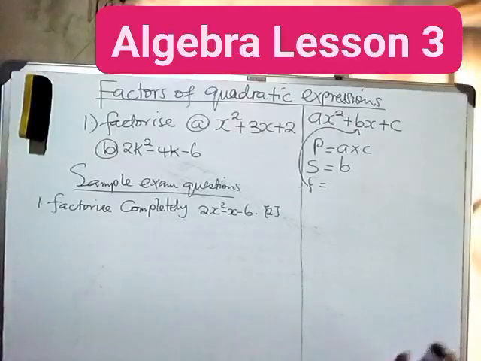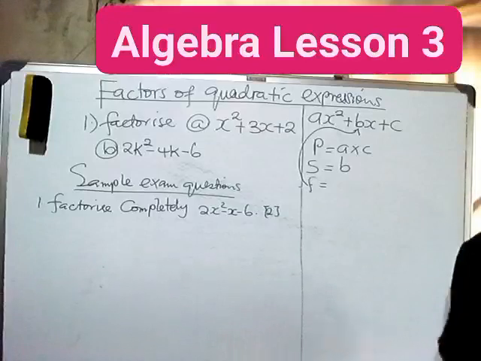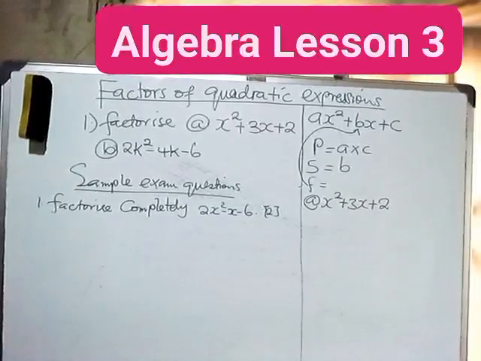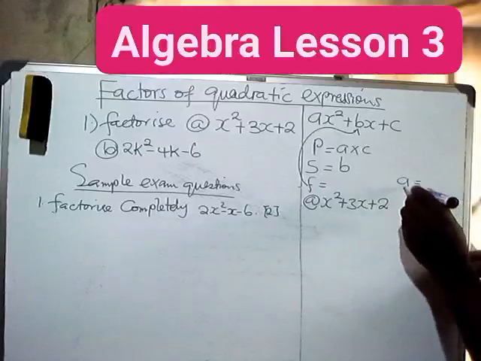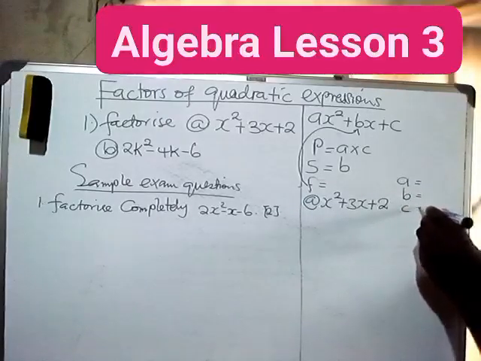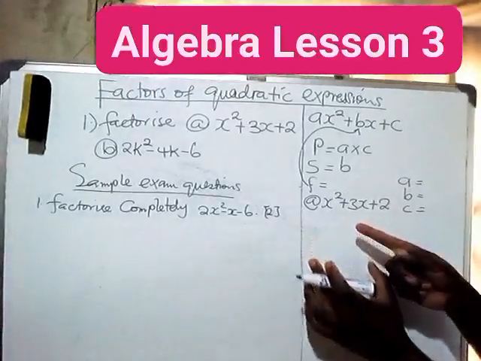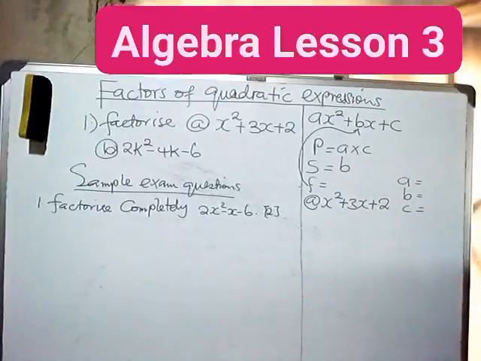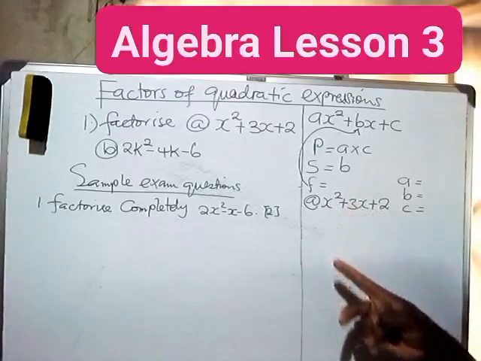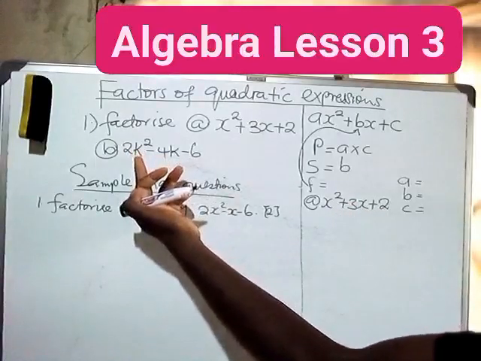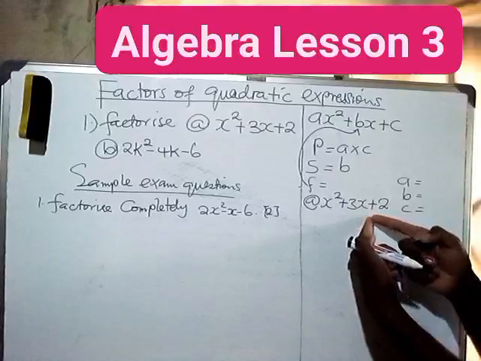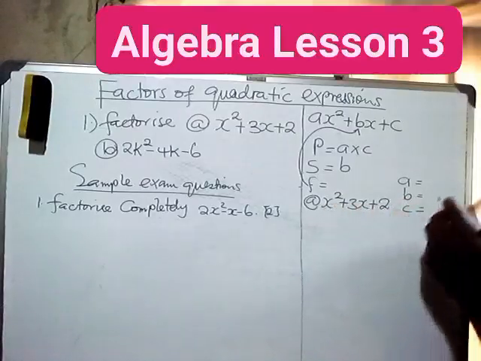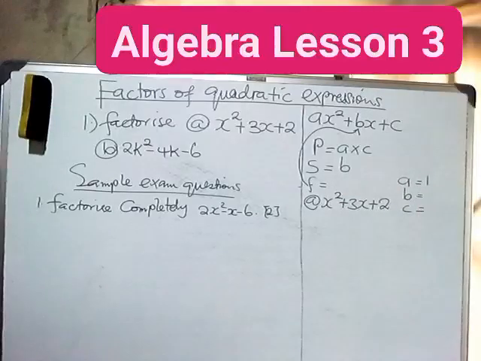So let's see question number A. We factorize question number A. The first point is to identify the value of a, the value of b, and also the value of c. The value of a is the coefficient in front of x squared. In question number A, the coefficient in front of x squared is 1, so the value of a is 1.